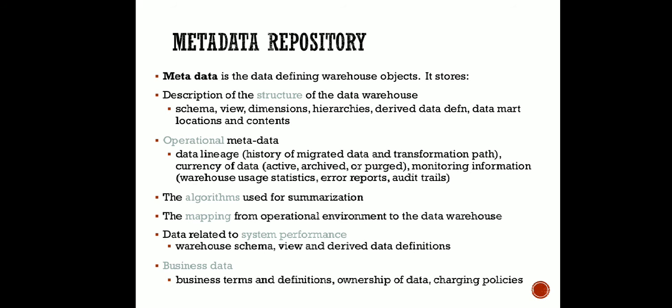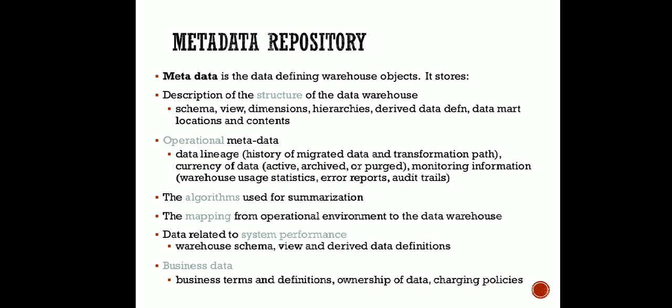Okay, the mapping from operational environment to the data warehouse. I told you that during the first step of building this, OLTP, or online transaction processing, it is going to fetch the required amount of operational data, and that should be mapped.